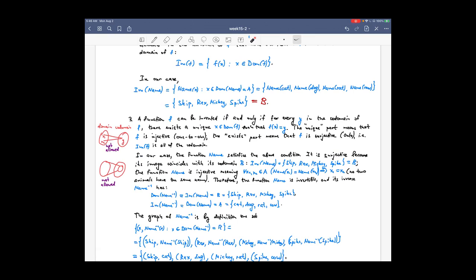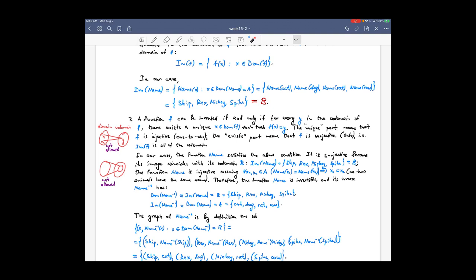So most importantly, again, our function name turned out to be invertible precisely because it is both injective and surjective. Again, injective means that no two animals have the same name. Situation like that is not allowed when two different animals have the same name.